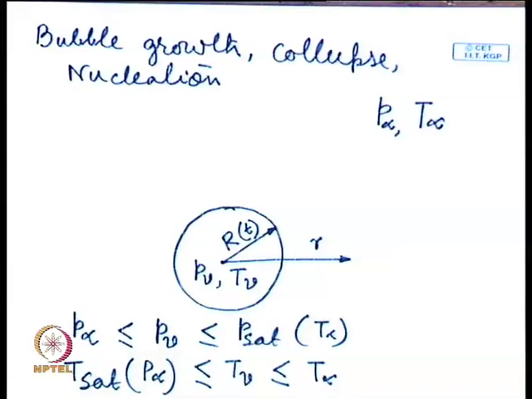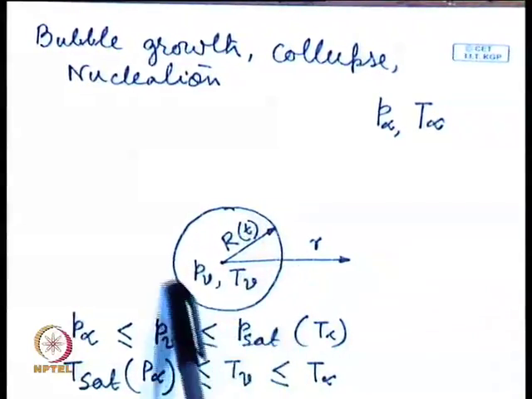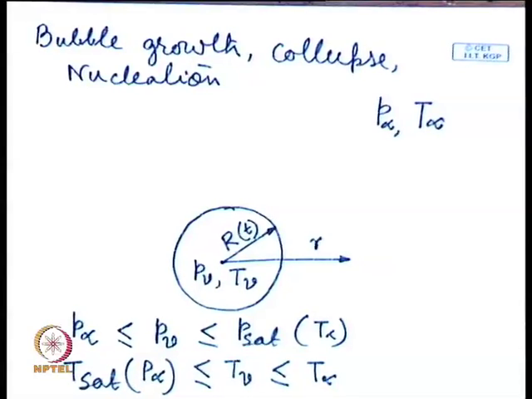How can this bubble growth take place? Bubble growth can take place only if the temperature T infinity, far from the bubble, is more than the temperature inside the bubble T v and more than the temperature T hat, generally at the interface.